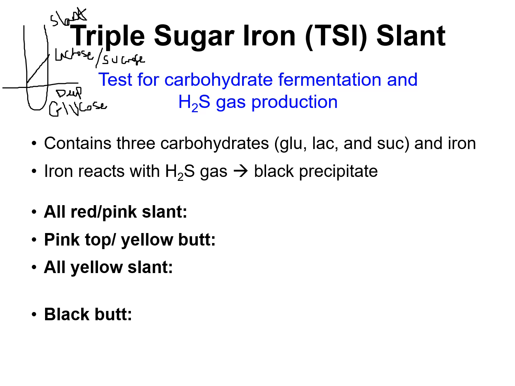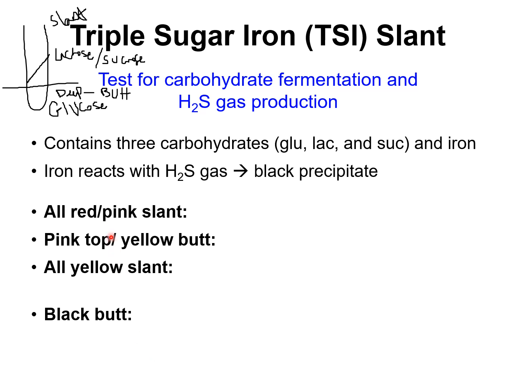So let's take a look at the results together. The deep part, by the way, we actually call the butt. So you're going to see that term a whole lot. The butt portion is basically that bottom deep part.